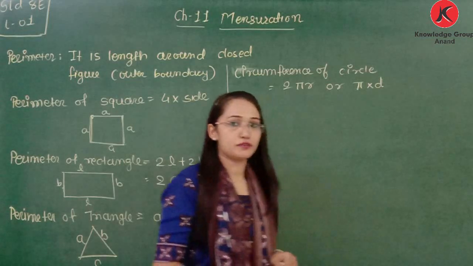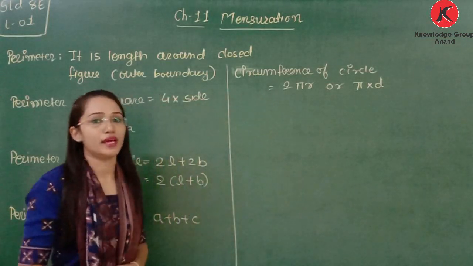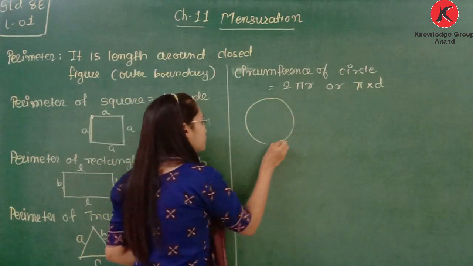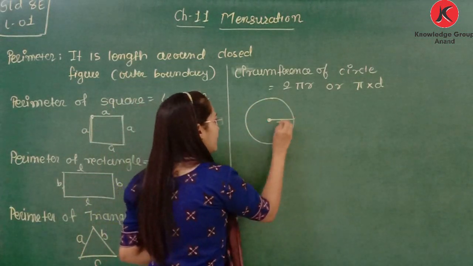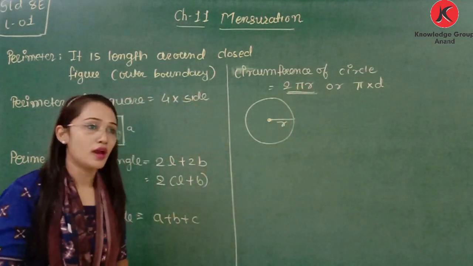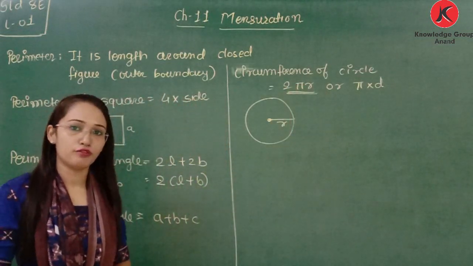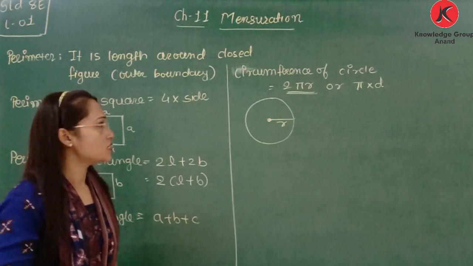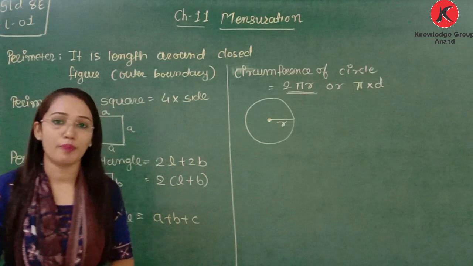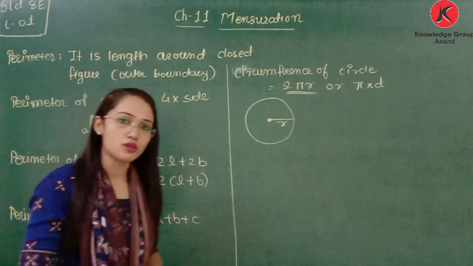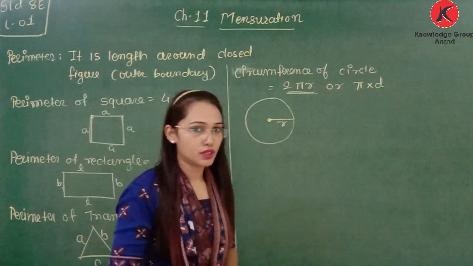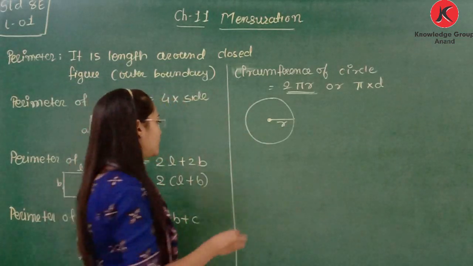Because the circumference of a circle is a little more than 3 times its diameter. So if we consider this kind of circle and this is the radius, then its equation will be 2 pi r. The value of pi will be 3.14 or 22 by 7. So this is the equation for the circumference of a circle. If it is a parallelogram, then you need to add all sides. Perimeter means addition of all sides. Clear? After that we learn about the area.